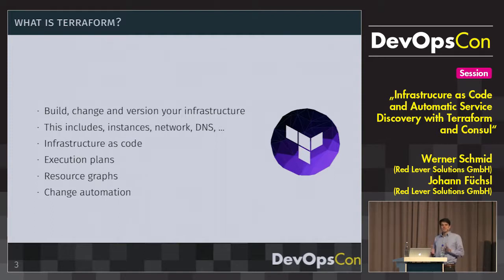All those resources can be managed with simple configuration files, and this includes normal instances, network setup, DNS settings, and so on. This is more or less performed via simple configuration files where all your infrastructure can be managed, can be versioned, and can be shared.